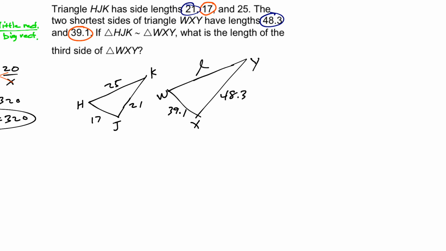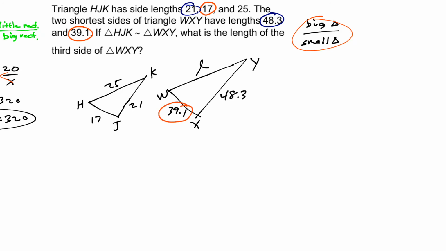Now let's set up our proportion with our ratios of corresponding sides. So on this one, let's do big triangle over little triangle. I've noted that we're going to do this big triangle over small triangle right here. And then I have two pairs of corresponding sides here. It doesn't matter which ones I use. So if we're going big over small, let's use these two.